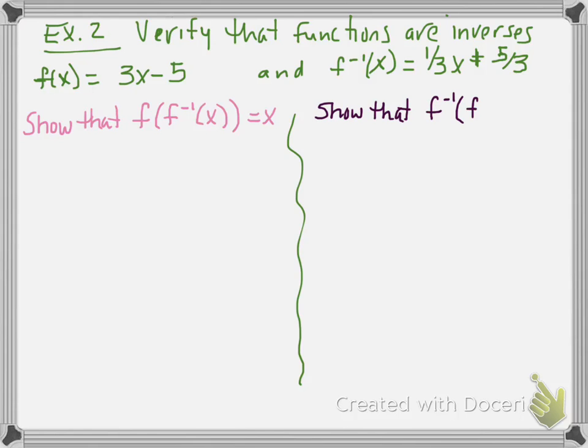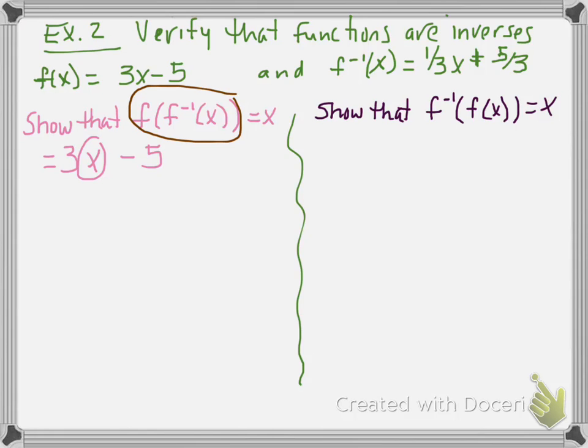So we're going to have to do two things. That's why it's split right there in the middle. First of all, we write f of x first, which is 3x minus 5, and then the other one is substituting the f of -1. We're going to substitute that in for x, the way we did yesterday.